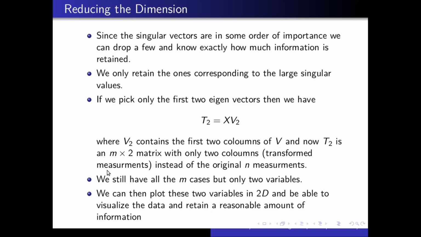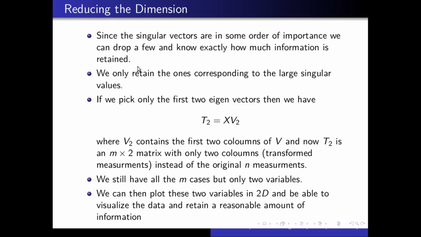So now T is a new data set with only two variables, which can still give us a lot of information about the original data set. And not only that, we are now able to plot this in a two-dimensional space.